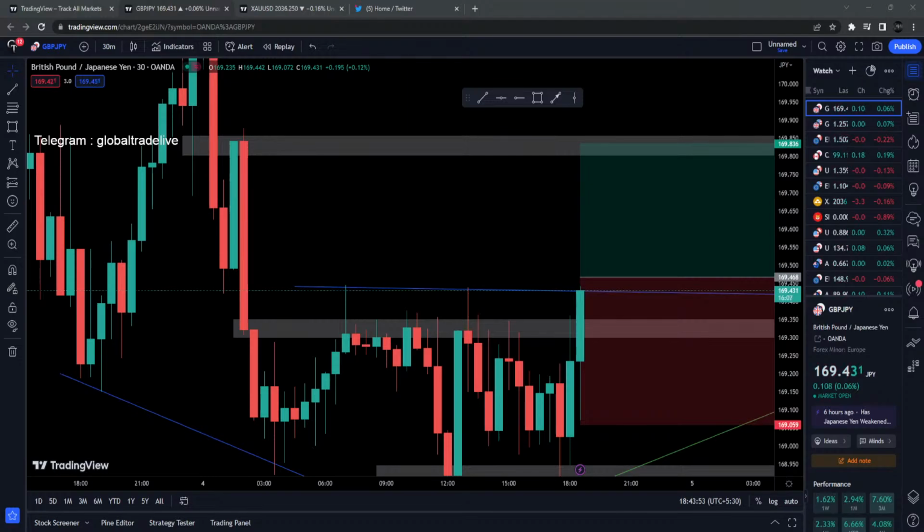Okay, these differences really make some big differences, so that's why I think we will be grabbing this move. Took a buy trade at this point, keeping stops at 169.059.